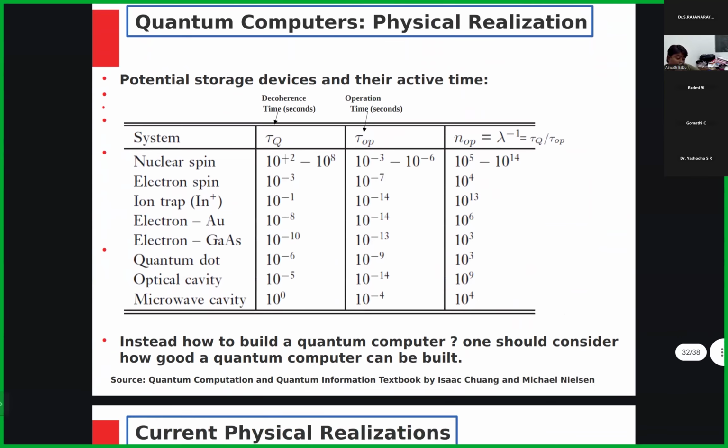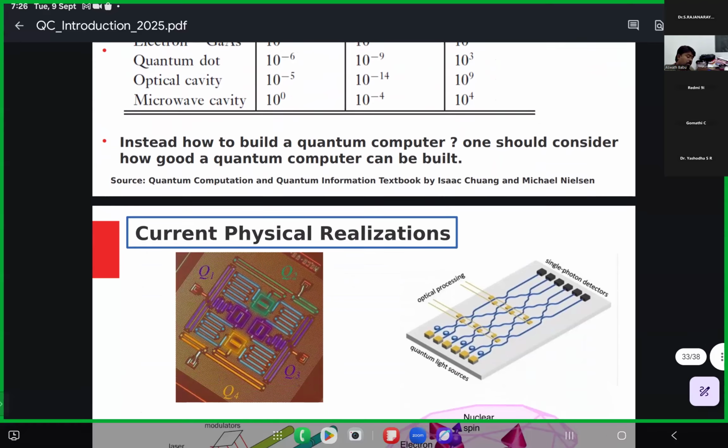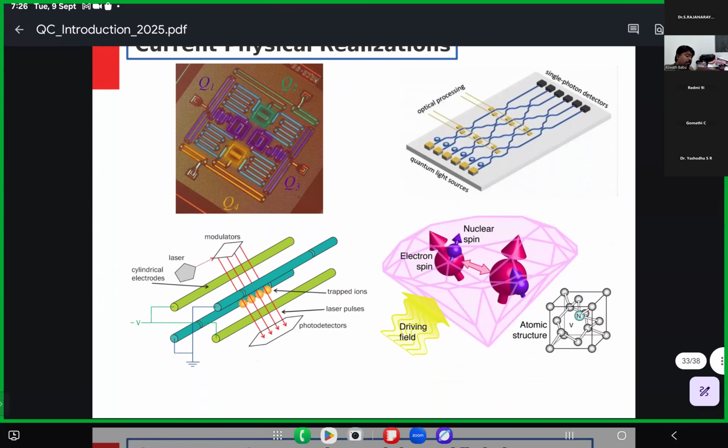Now, quantum hardware is realized out of, say, an electron revolving around the nucleus, and the electron itself can have its own spin because of its rotation about itself. Similarly, nuclear spin is there, and there are many other ways you can realize qubits. Currently qubits are realized out of an LCR circuit, called transmons.